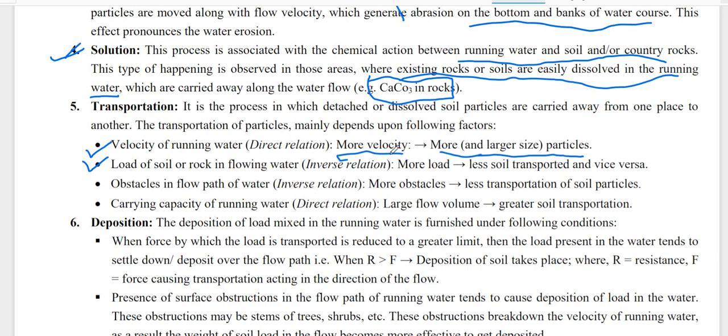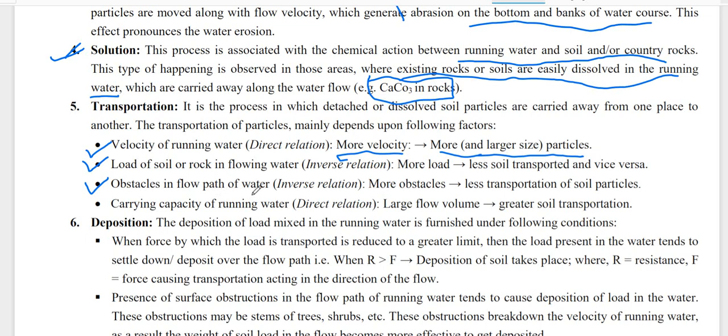Velocity has a direct relation, but the load has an inverse relation, because larger-size loads will settle. Settling means deposition will be increased.